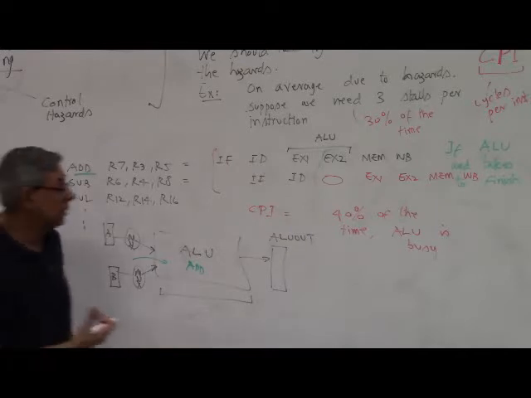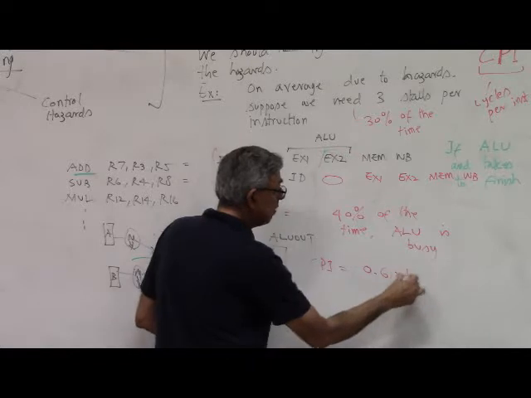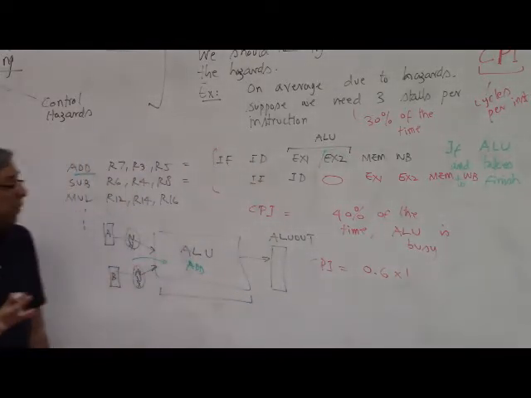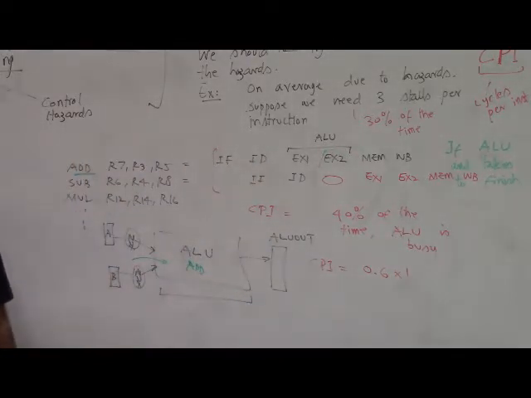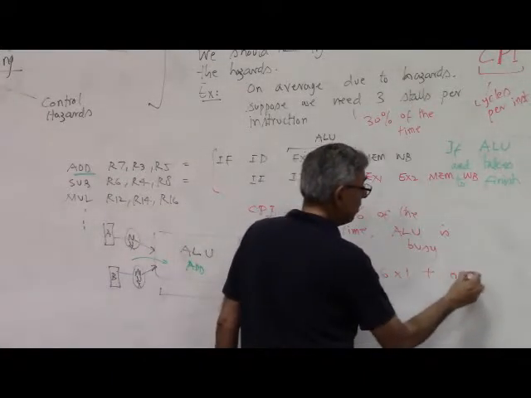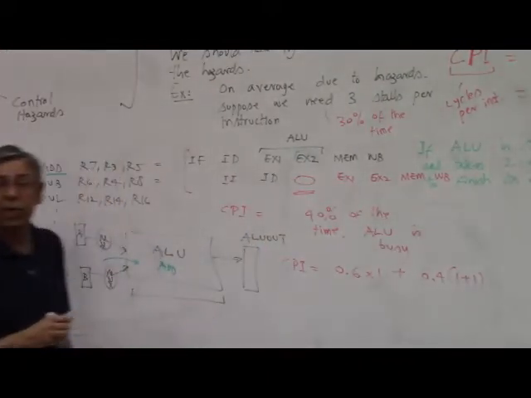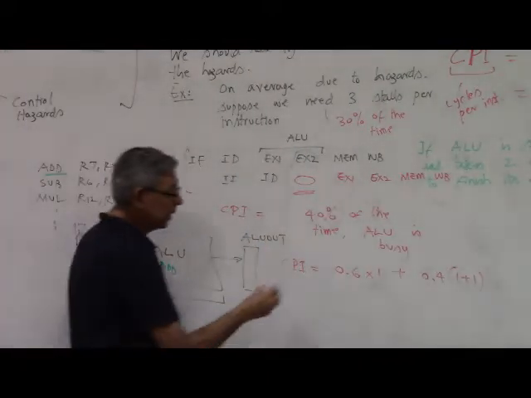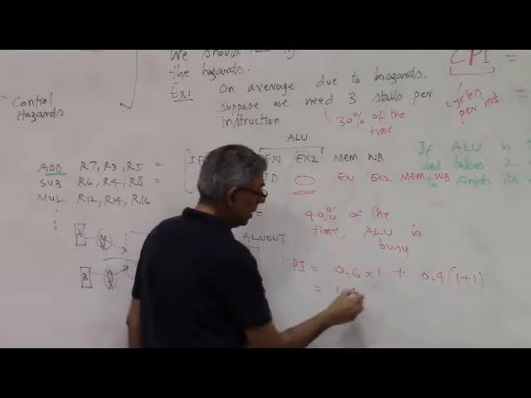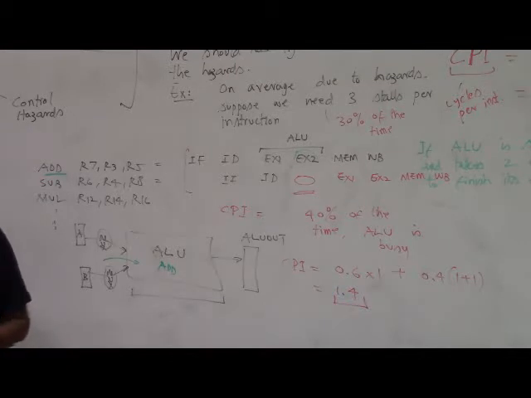So what will happen to the CPI then? 60% of the time it will do proper pipelining and be done in 1 clock cycle, and 40% of the time it will take 1 + 1 because we are putting an extra delay over here. So what happens to the CPI then? So 40% loss in performance, right?